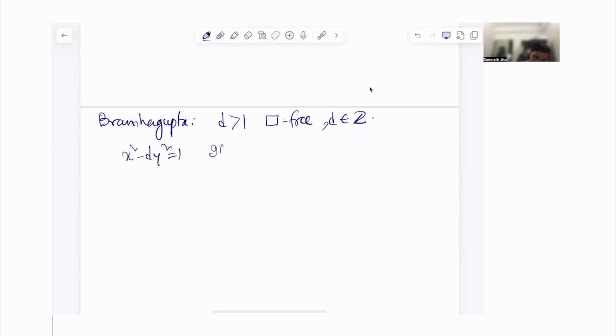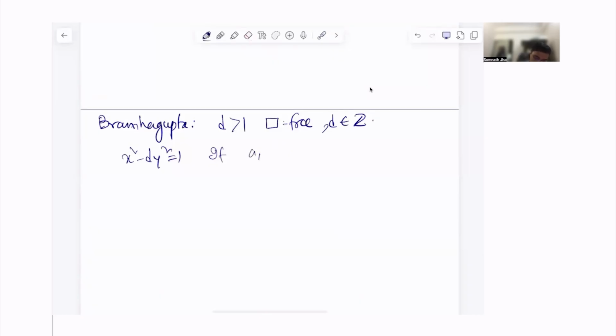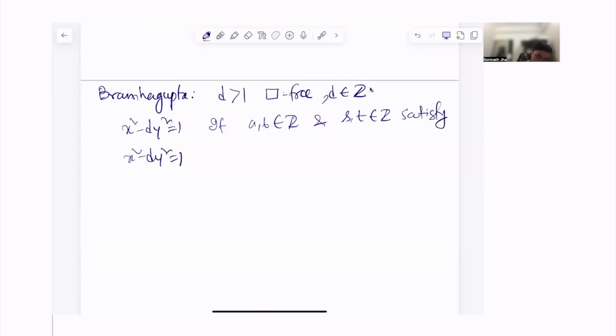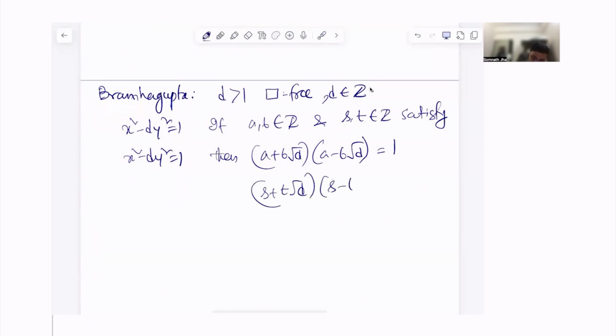If a plus b root d, with a, b in Z, and s plus t root d, with s, t in Z, satisfy x square minus d y square equal to 1, then you get a plus b root d times a minus b root d equal to 1, and s plus t root d times s minus t root d equal to 1.